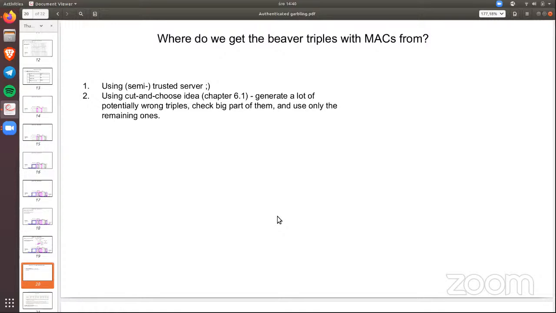With that, we get some probability that the remaining ones are okay. And as I understand, I didn't read it very thoroughly, there are additional tricks which work under the assumption that the majority of the triples are okay. So there are tricks to make all of them okay.